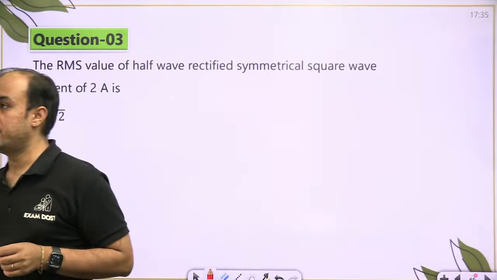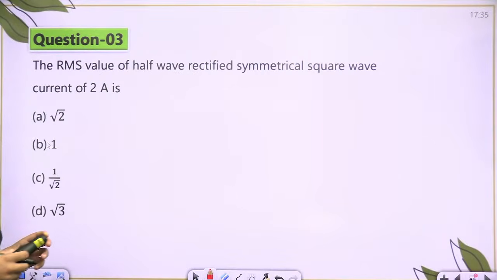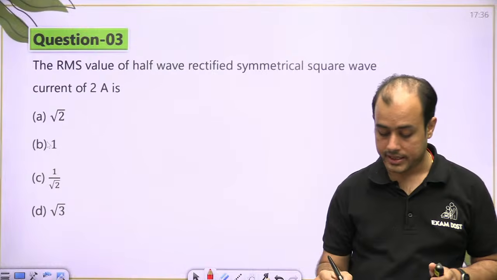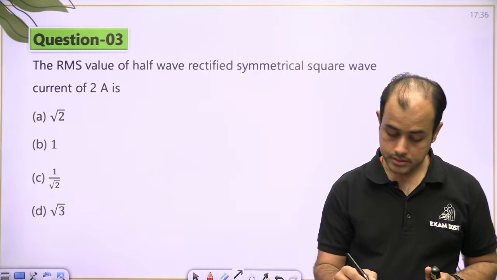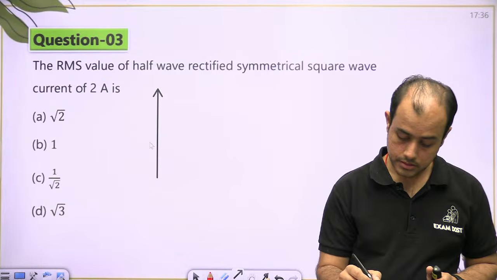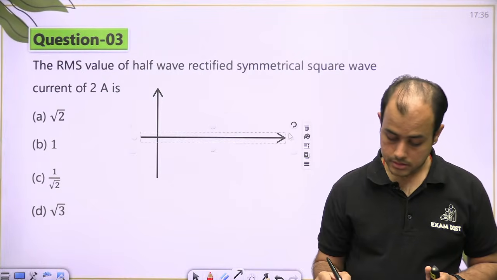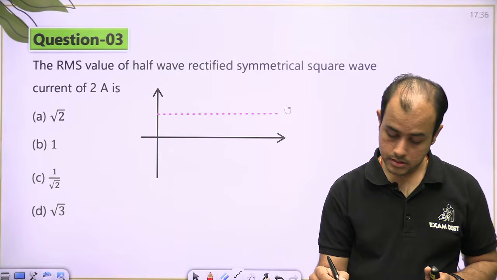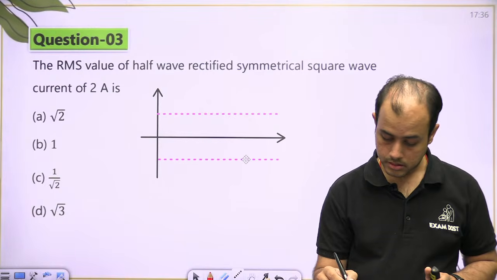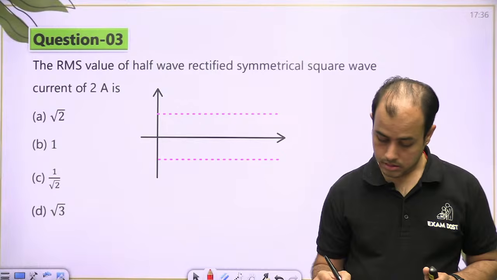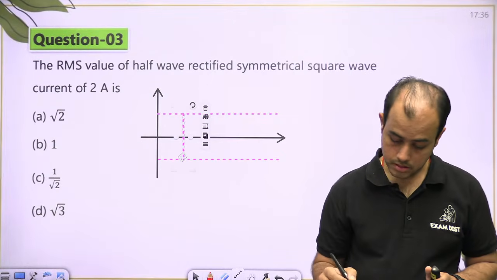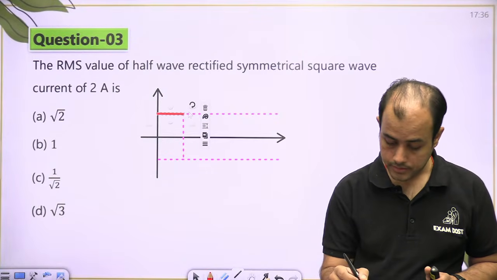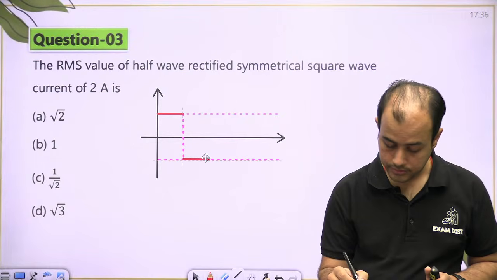You are doing half wave rectification of a symmetric square wave. What is symmetric square wave? Where the height above and below the time axis is same. So this is the square wave.